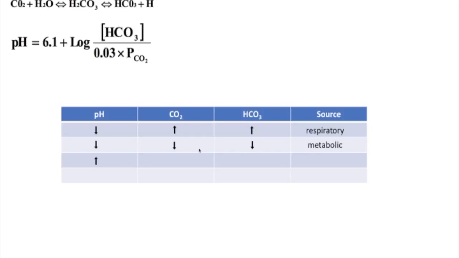If we look at our plasma pH and our pH is up, then that means we have fewer protons. We know that we are dealing with an alkalosis. And if we look at our parameters, again, both of our parameters are down, so we ask ourselves which of these is going to cause an alkalosis. A drop in bicarb is the one that once again shifts your equation to the right and generates more protons. A drop in CO2 shifts this equation to the left and eats protons up, and that will be what causes our alkalosis.